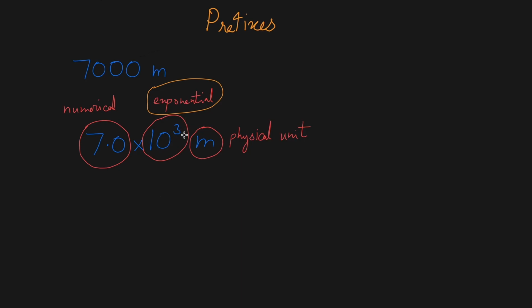While it is okay to write the quantity as 7.0 times 10 power 3 meters, it will be more convenient if we instead write 7.0 km. I hope that you get the idea.